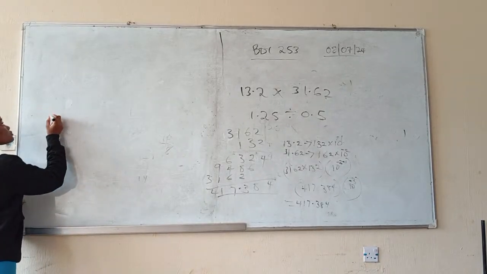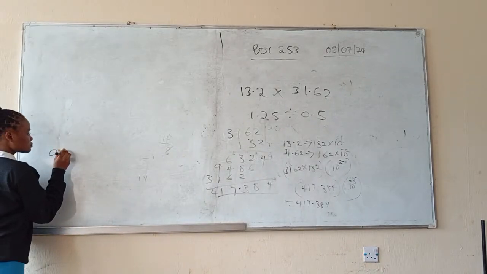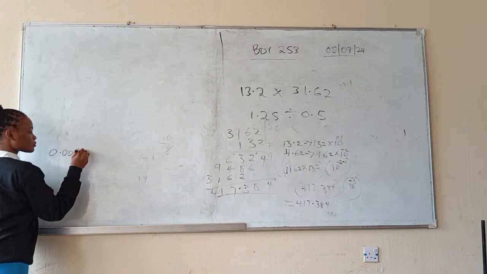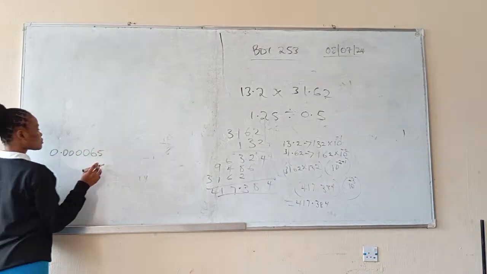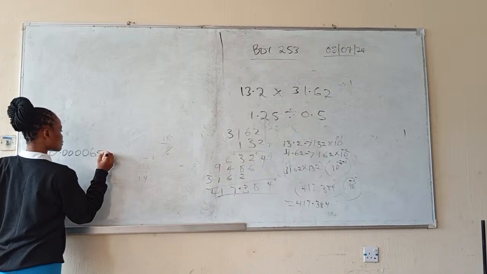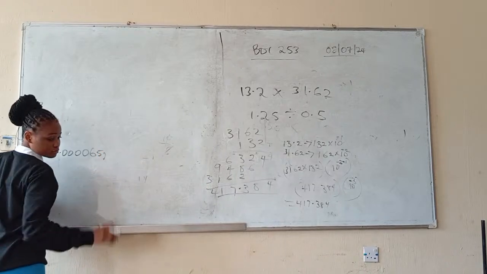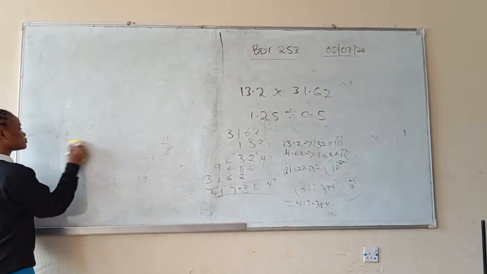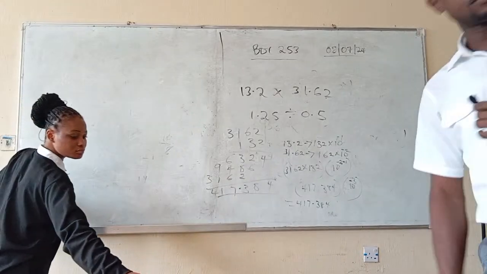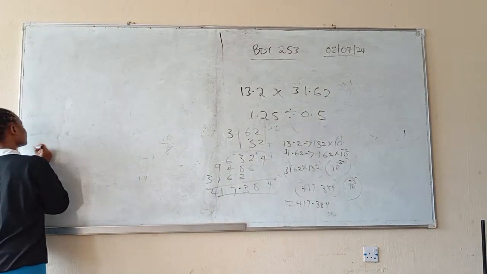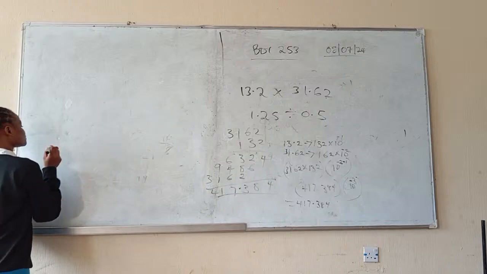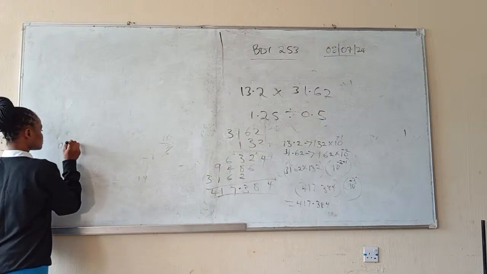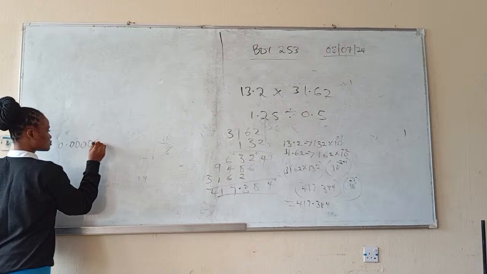It's not three, it's four zeros after the decimal point.